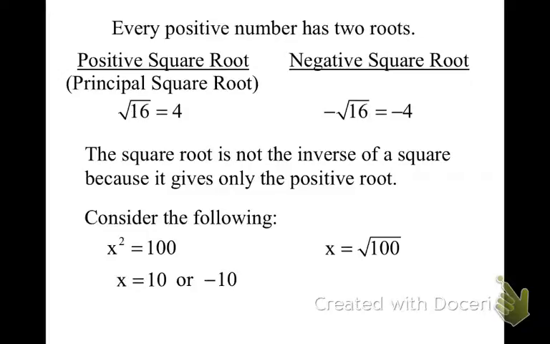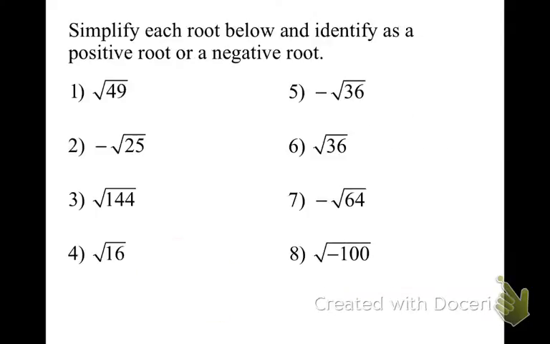But when I root, I have how many solutions? 1. Because negative 10 times negative 10 does not make negative 100. There's no number times itself that will give me negative 100. Okay? All right.